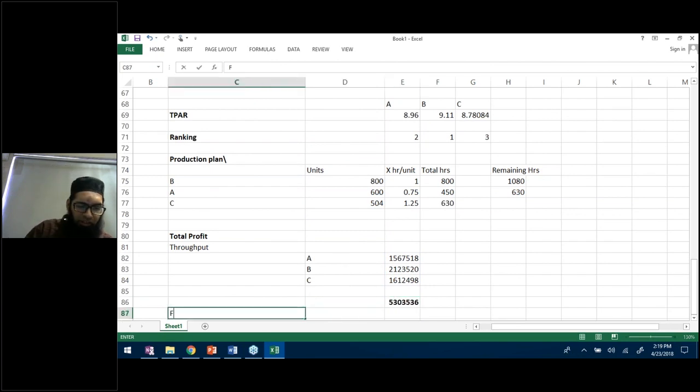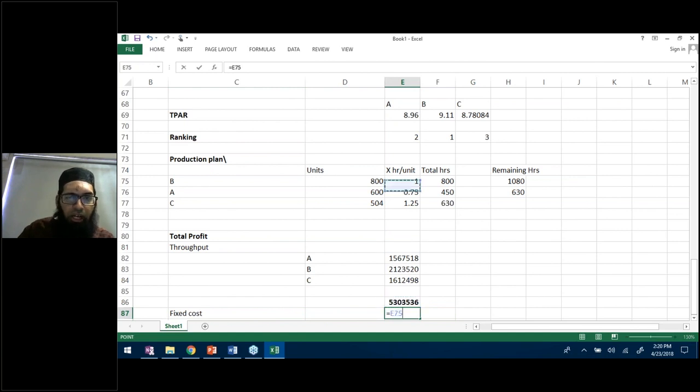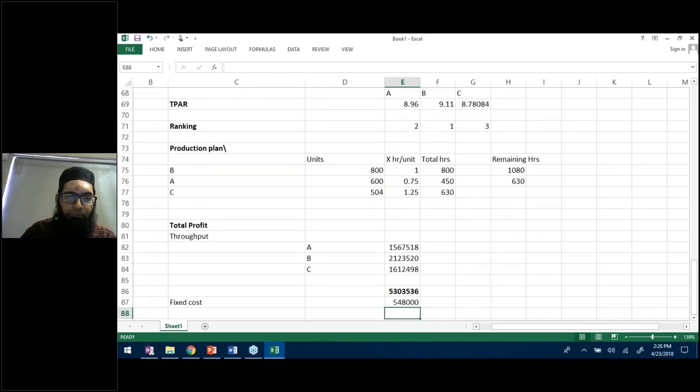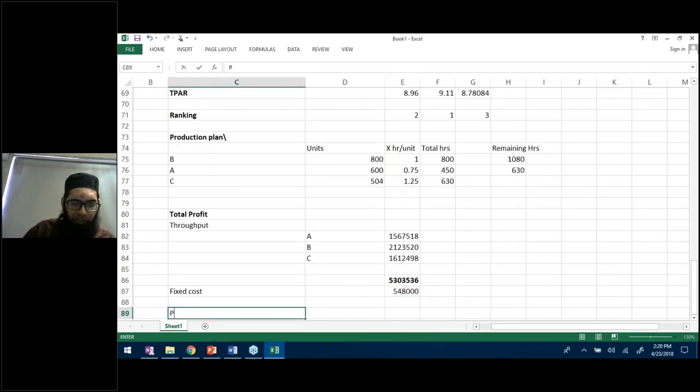And now if I deduct the fixed cost from that, and the fixed cost was, as I had calculated over here, 548,000. My profit will be how much?